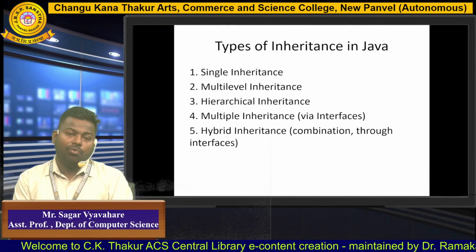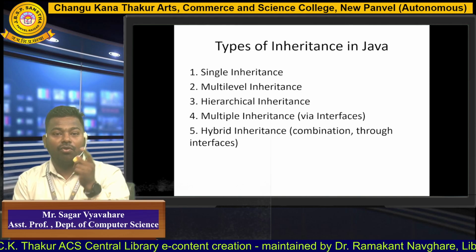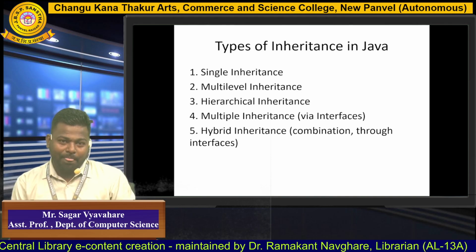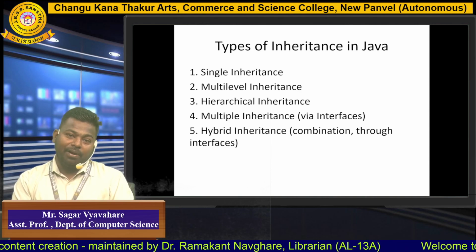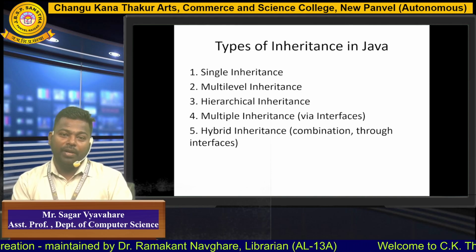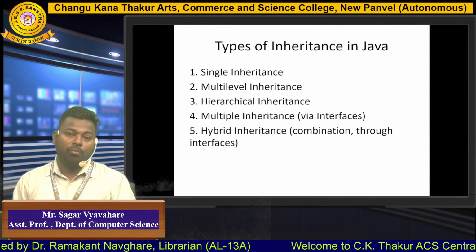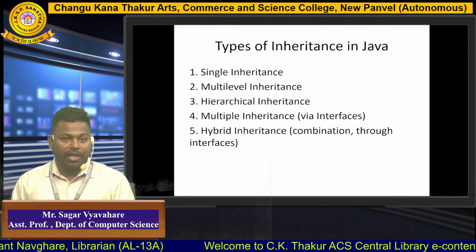In multiple inheritance, a class can use the features of multiple classes at the same time. And the last one is hybrid inheritance, which is basically a combination achieved through interfaces. Let's go into more detail and talk about examples of each one of them.